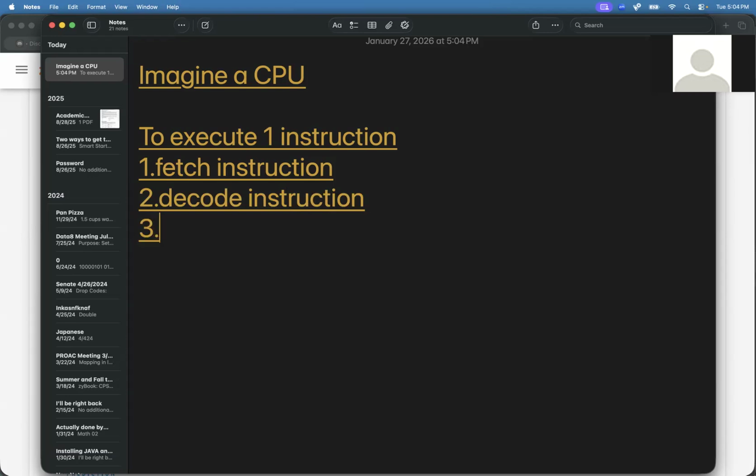And then after you do that, I don't want to make too many steps here, but I was going to say you might have to fetch data from memory, but let's just pretend you don't have to do that. Let's just say we can execute the instruction now. So perform the computation.